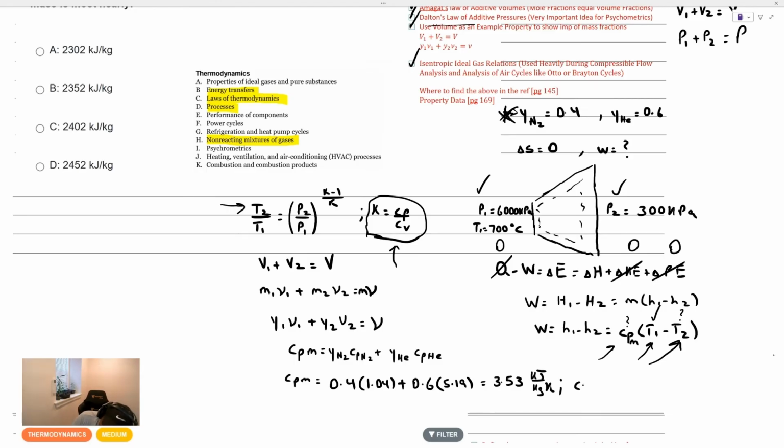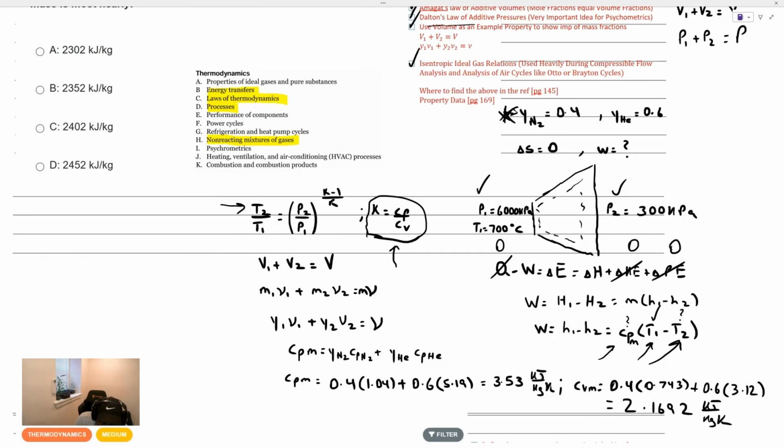Cv of the mixture could also be computed. It's just 40% multiplied by Cv for nitrogen, which is 0.743, plus 60% multiplied by Cv for helium, which is 3.12. And we see a value here of 2.1692 kilojoules per kilogram Kelvin.